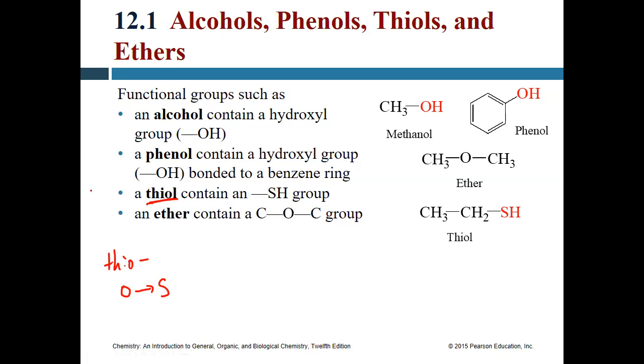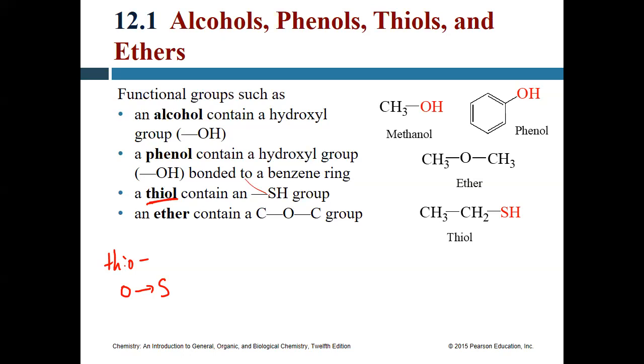And so to go from an alcohol to a thiol, all we did was turn that oxygen into a sulfur. Same substance, basically, different properties. Thiols tend to be a lot smellier. But in terms of their chemistry, oxygen and sulfur are both in the same group. They have very similar reactivities. They have very similar kinds of compounds that they form.